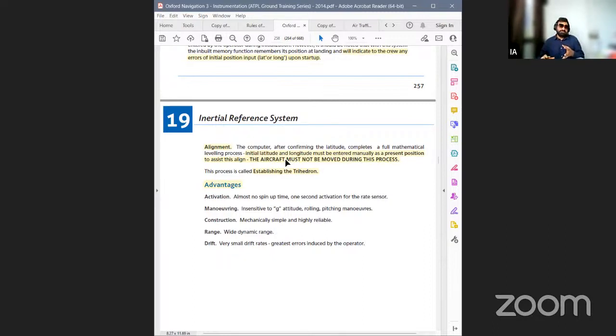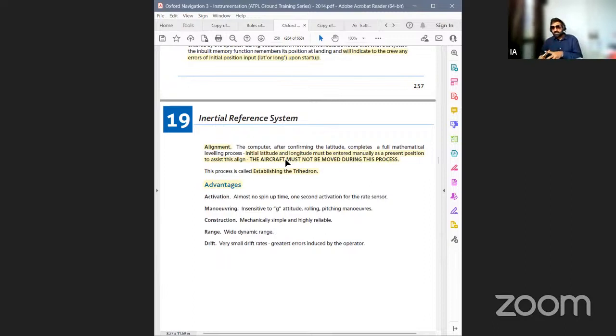Furthermore, if I have fed in my required track and my waypoints, then my deviations and my error angles could also be measured and given as an output to the pilot, which could be selected for observation or control on the CDU.